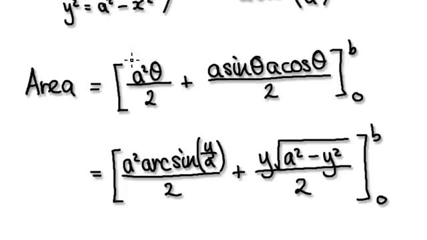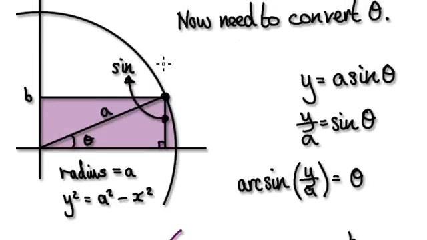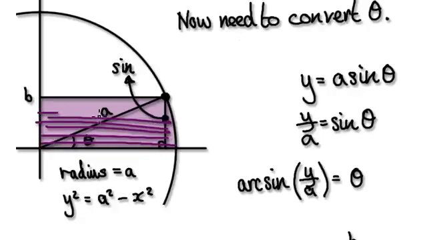Well, here we need to convert theta, and the reason why we need to convert theta is that we are trying to find out the area here. So we are really summing up everything. So we are moving in the y direction.